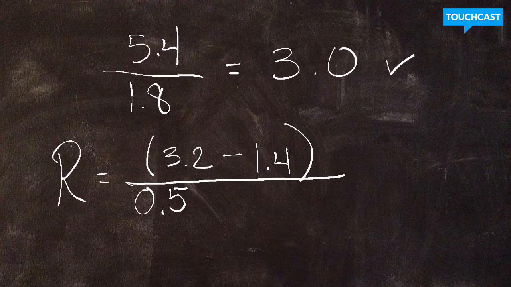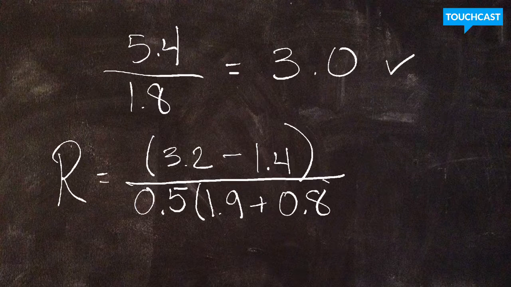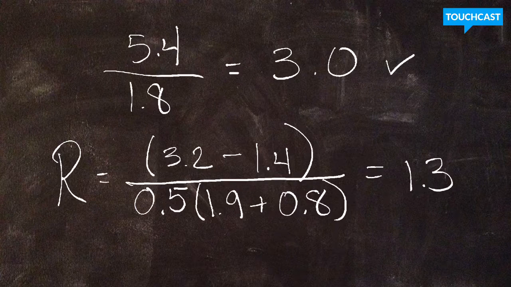This goes way back to part A. We're going to take half of the 1.9, that was the blue bandwidth. Remember, it was a really fat one. And let's add that to the bandwidth of the red, just like that. You should get a value of 1.3. So what does a value of 1.3 actually mean?